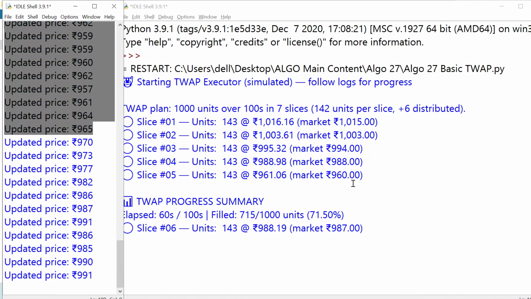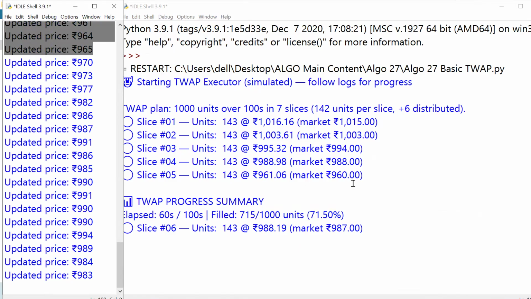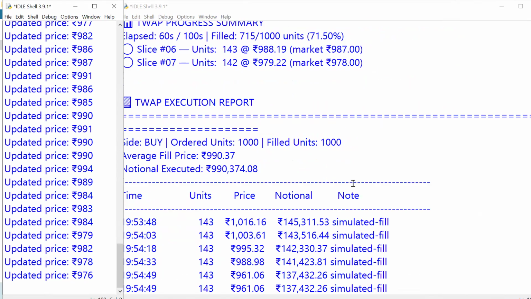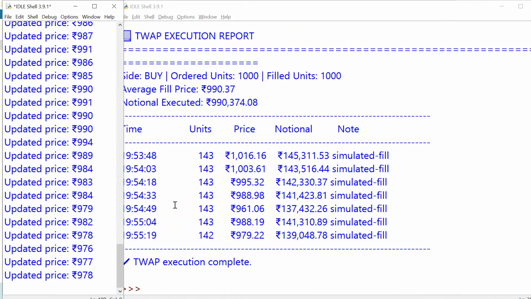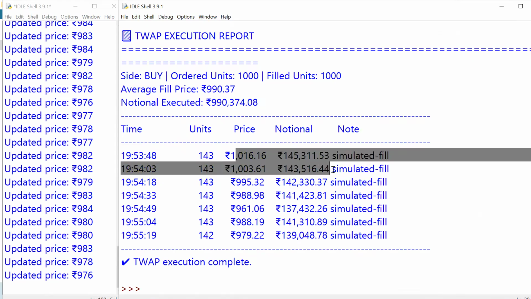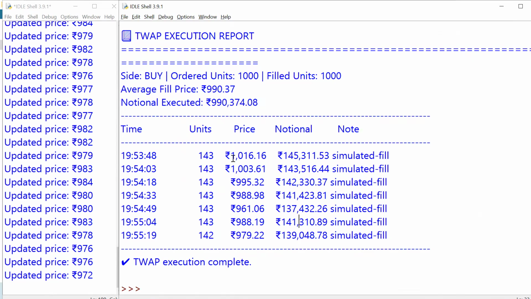In each slice, it is going to buy 143, and at the end it is going to show what the average price is. Okay, so the complete execution has taken place. You can see it has executed this over 100 seconds, and 143 is the number of units per slice. And the major advantage is we got the buy at a lower price also.